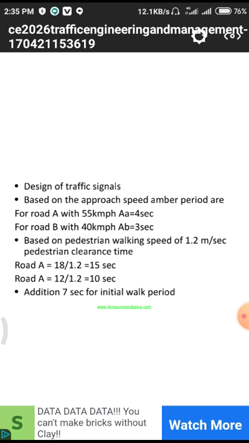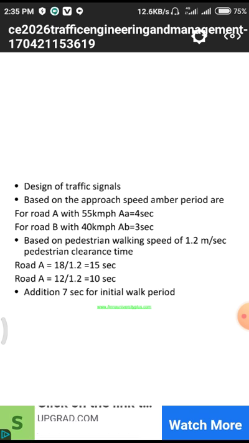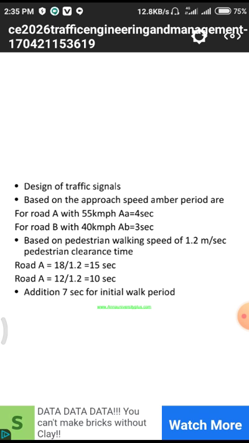In road B also they have 10 seconds of clearance time. These two are the times utilized by the pedestrians to cross road A and road B. On road A they take 15 seconds to cross those 18 meters. On road B we have 12 meters, so they consume 10 seconds to cross road B.